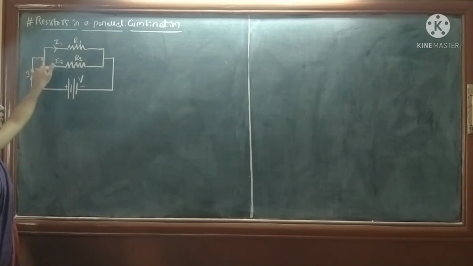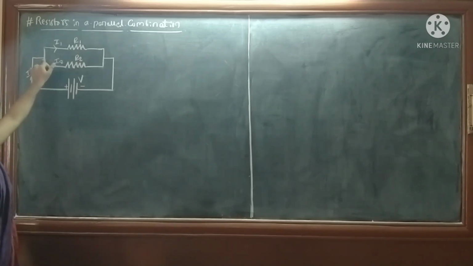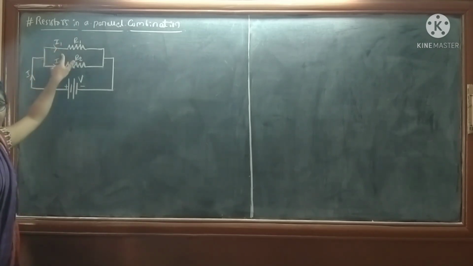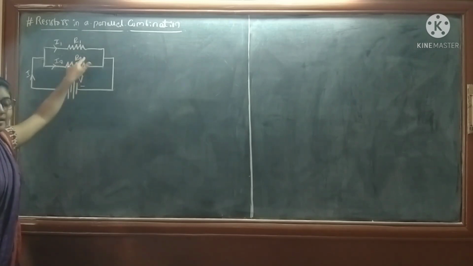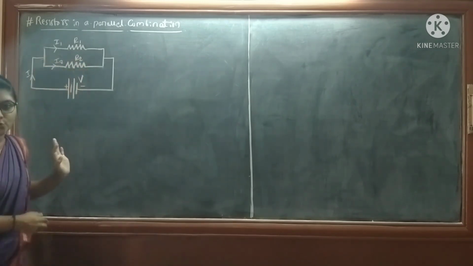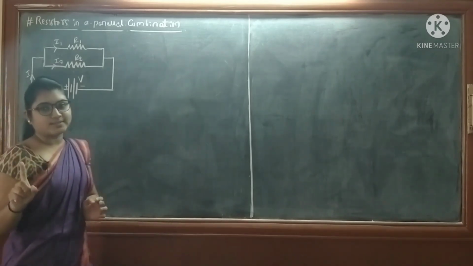So the current I remains one until here, but when it comes here it will split. A current passes through the top, that is I1 through the resistor R1, and I2 passing through the resistance R2, correct? You can compare to the series resistance.